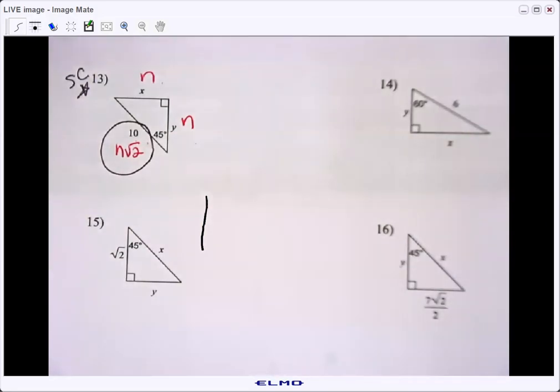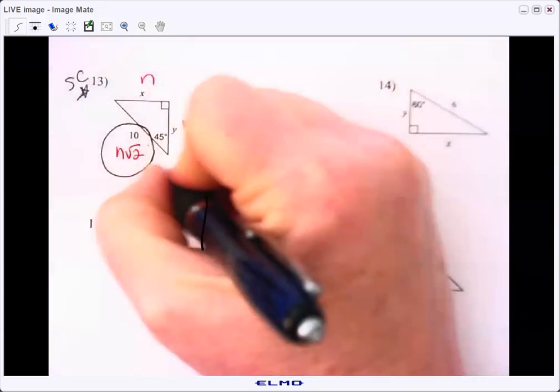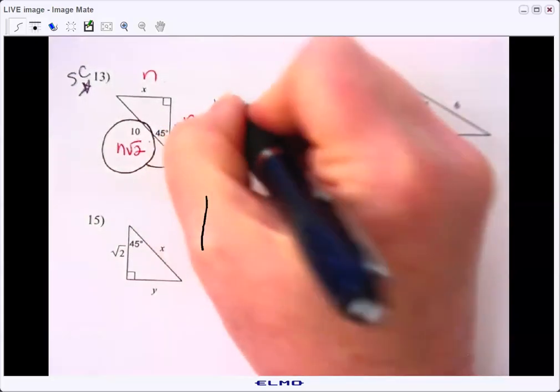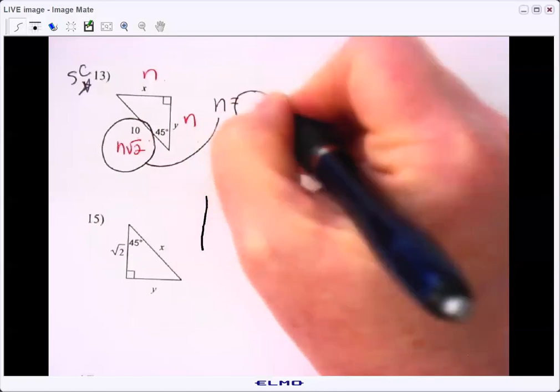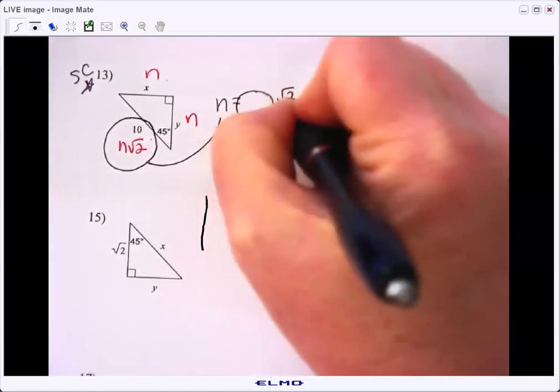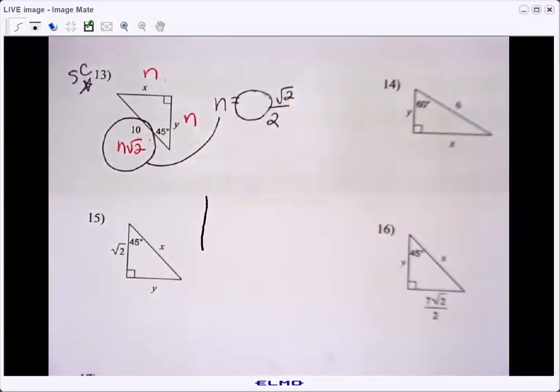The shortcut for this triangle is our root 2 over 2. So we're going to say that to solve for n is equal to whatever number that is, the root 2 over 2. What was the value of my hypotenuse?